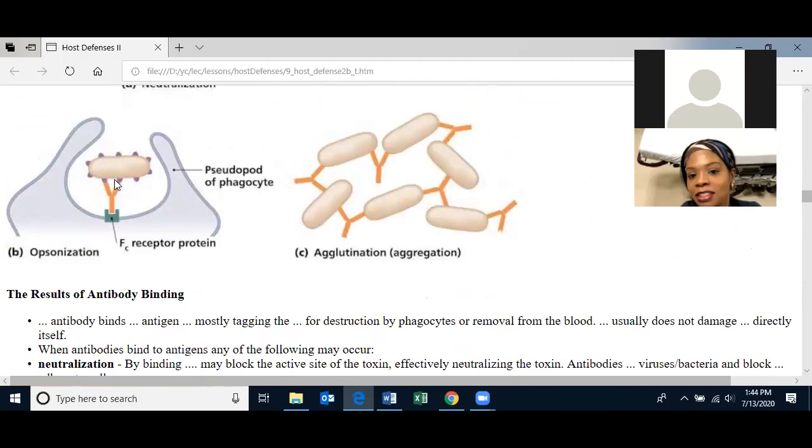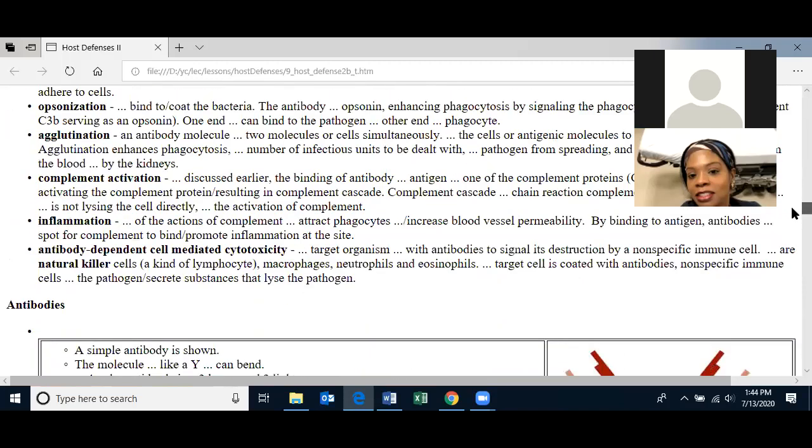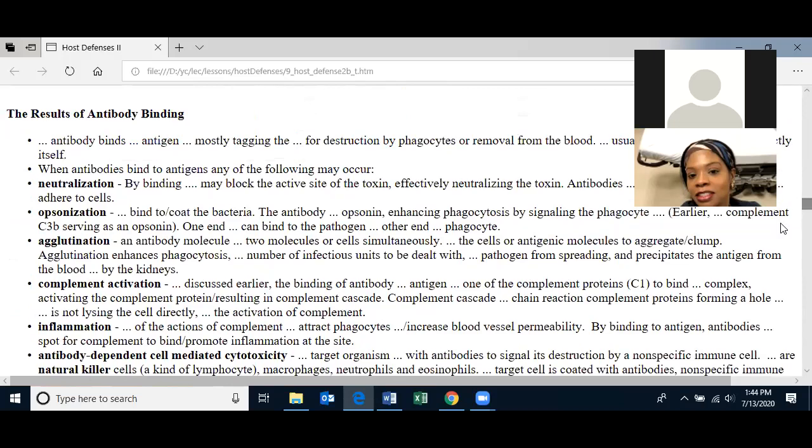And the antibodies binding to the antigens on the pathogen can aid those white blood cells, which could be an eosinophil or a T cell or a NK cell, to bind to the pathogen and then secrete substances extracellularly which will attack this pathogen. And that is called antibody-dependent cell-mediated cytotoxicity. Any question about any of that? The different ways that antibody binding to an antigen brings an immune response against that antigen.